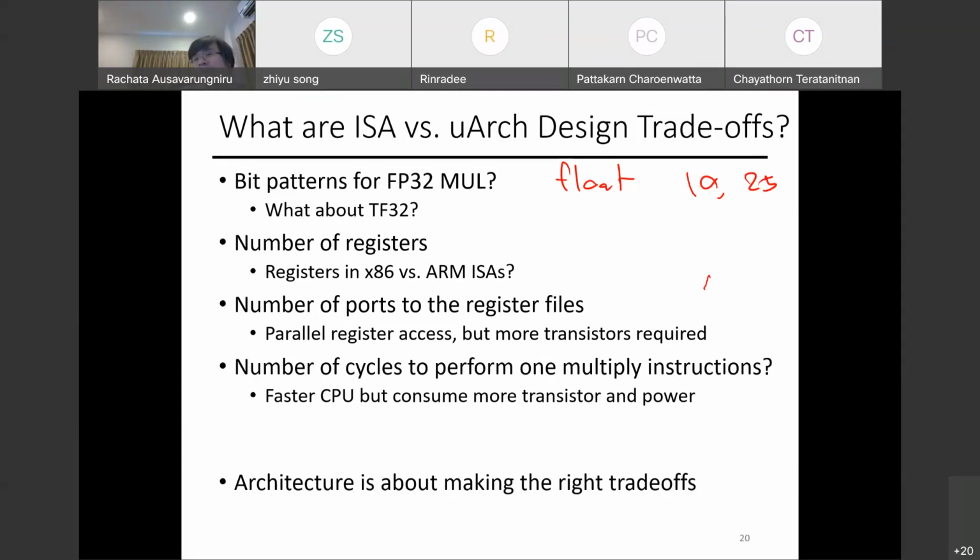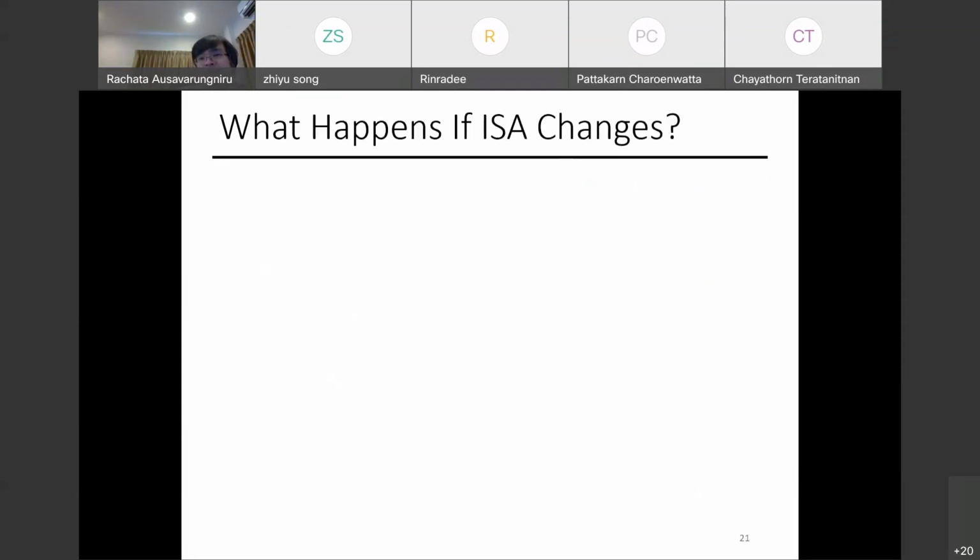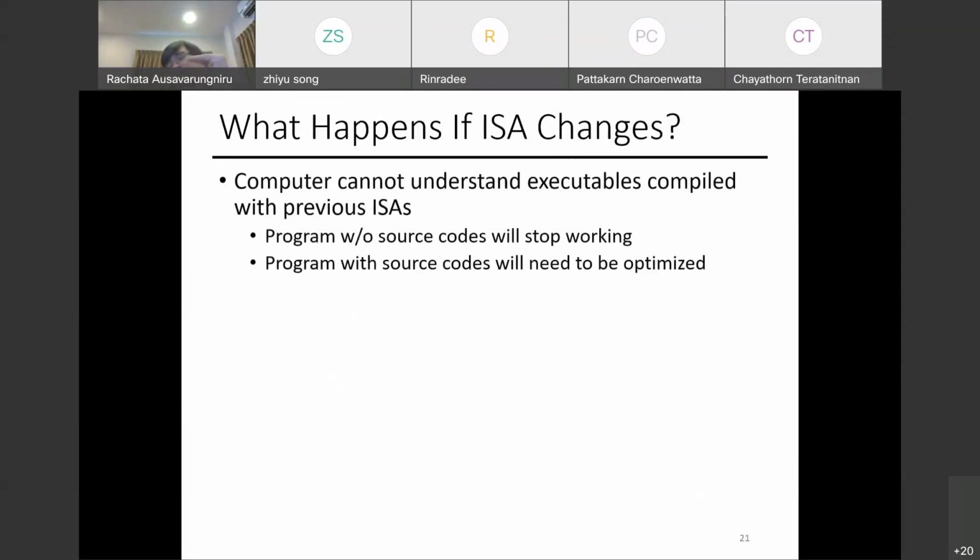And there's another issue: what if the ISA changes? Because when you have a computer that works with one ISA, the x86 ISA, and then I throw a program written in ARM ISA onto the Intel CPU, what would happen? It would not run.